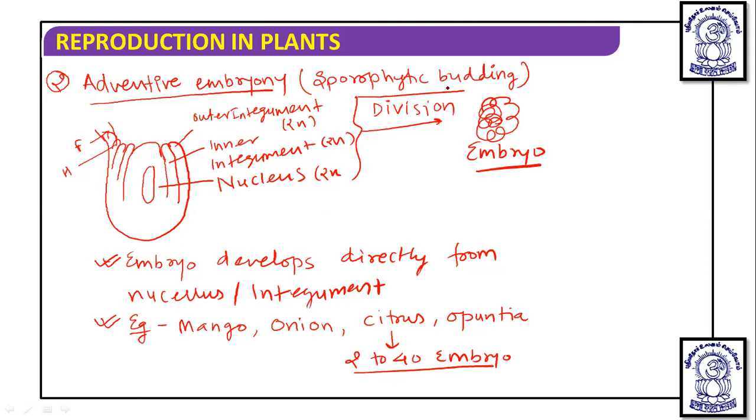Okay, so two types we have discussed. Now we are going to talk about another type, that is non-recurrent agamospermy. Now, in this type, what happens?